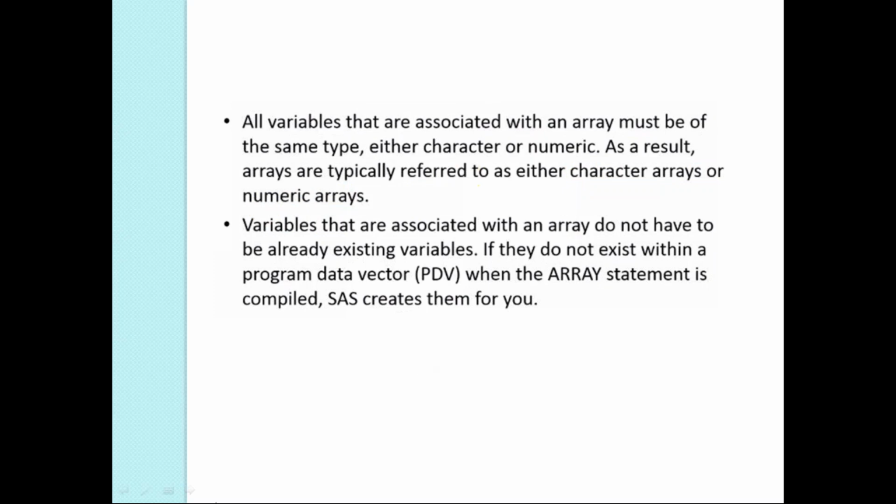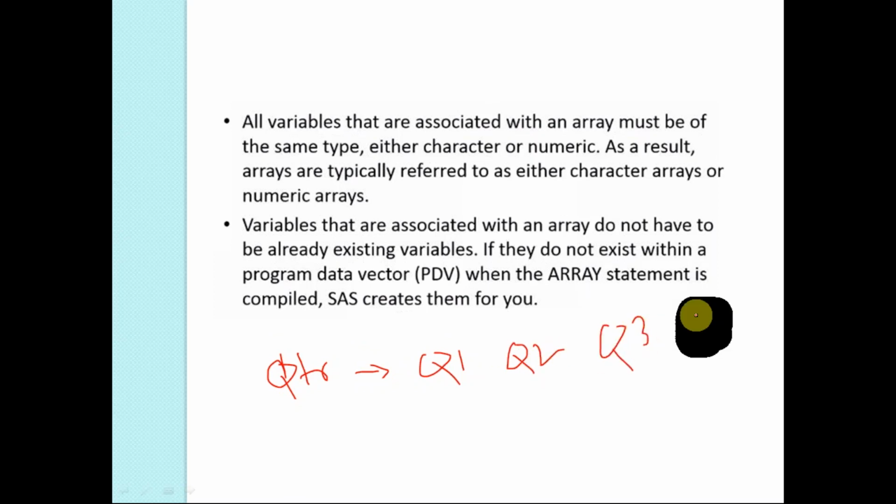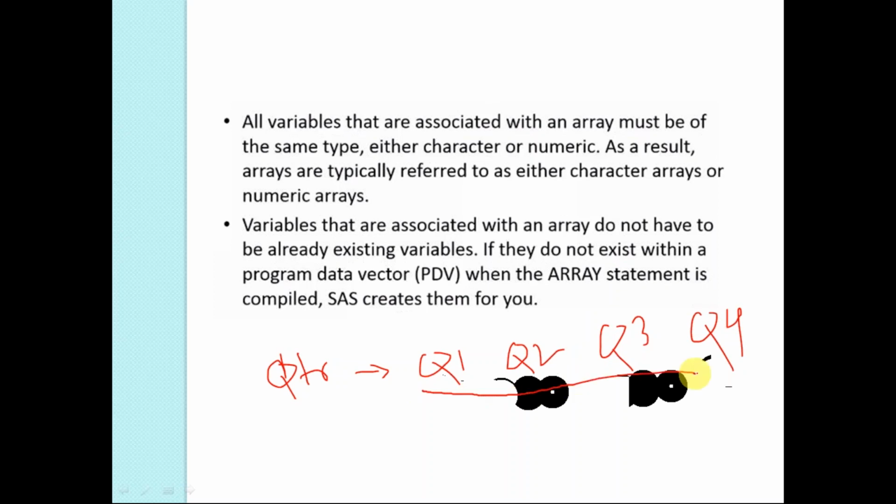For example, let's say you have created an array called QTR, for quarter. In QTR you store the variables Q1, Q2, Q3 and Q4: quarter one, quarter two, quarter three, quarter four profits. Let's say these are all numeric variables.